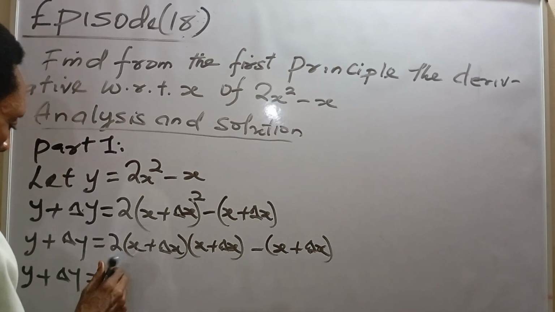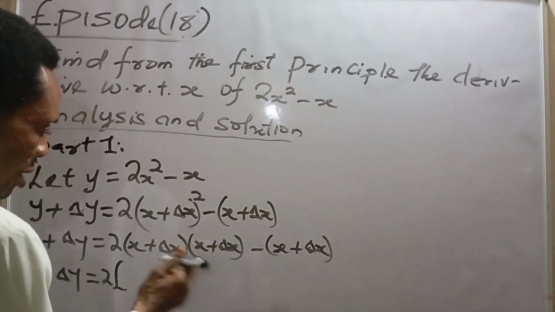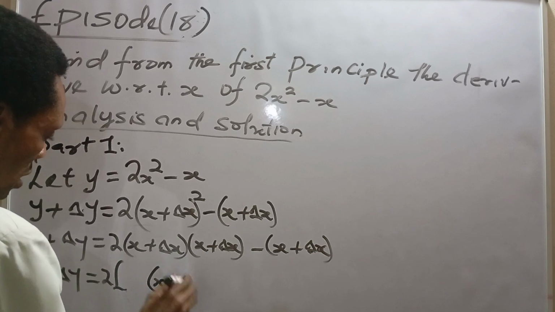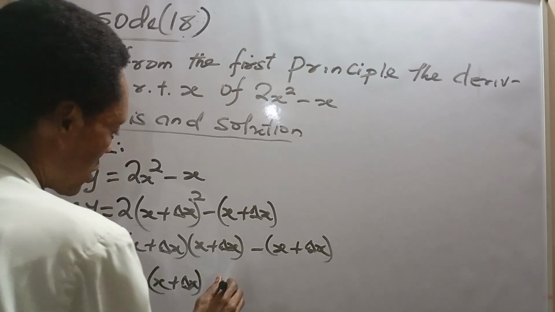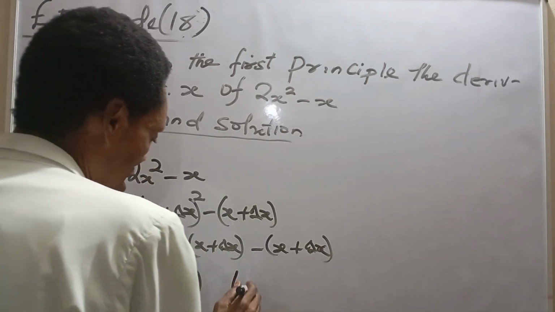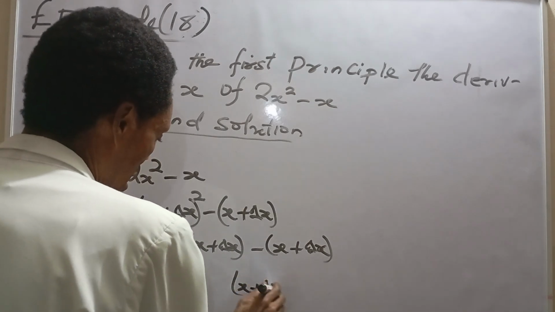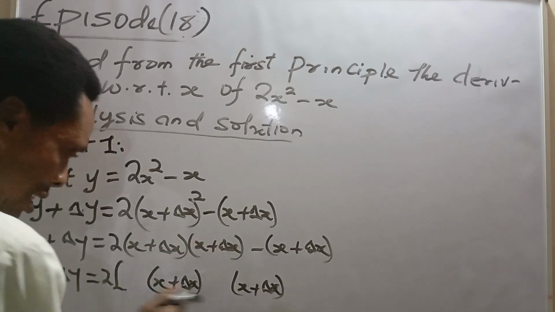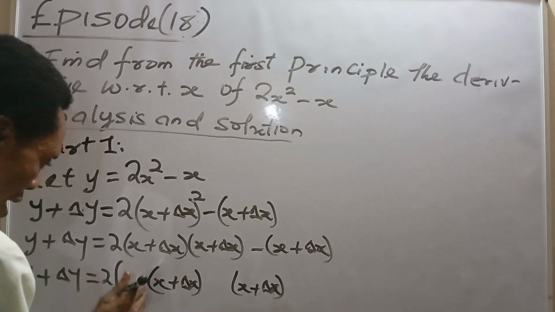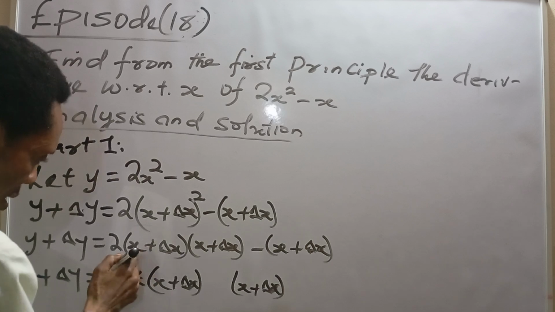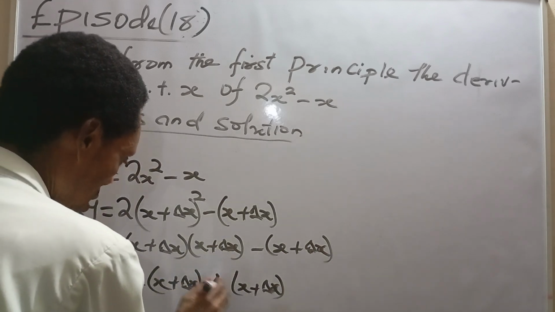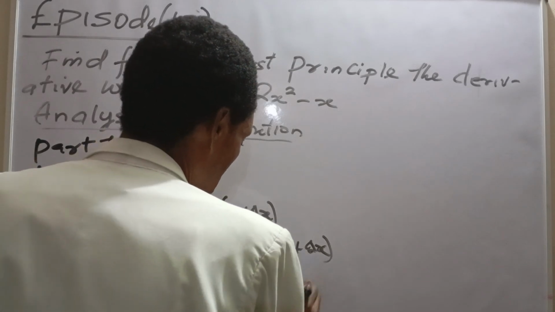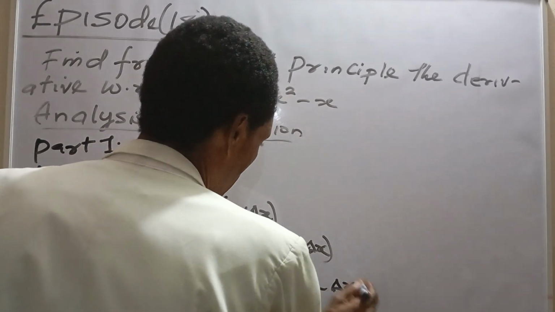Though they look the same, I can do it like x delta x, then rewrite it as plus delta x. I'm using this one as a factor, so write x here, then plus delta x, then open this. This is a minus x, this is minus delta x.